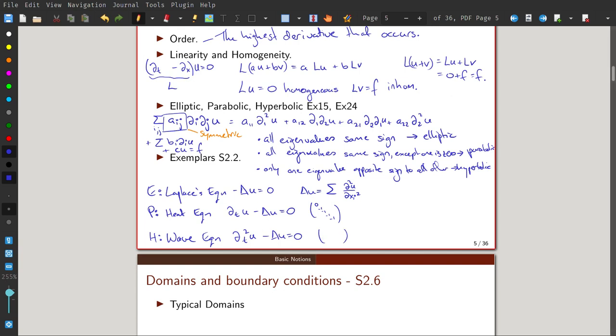So if we think about the corresponding matrix A here, we have a 1 for the second derivative with respect to time, and then all the space derivatives are -1. Right, so you have exactly one eigenvalue whose sign is opposite all the other eigenvalues. And so that makes it hyperbolic. And we saw in the course that hyperbolic equations behave really differently to elliptic and parabolic equations. For example, elliptic and parabolic equations have some sort of maximum principle, whereas hyperbolic equations do not have a maximum principle.